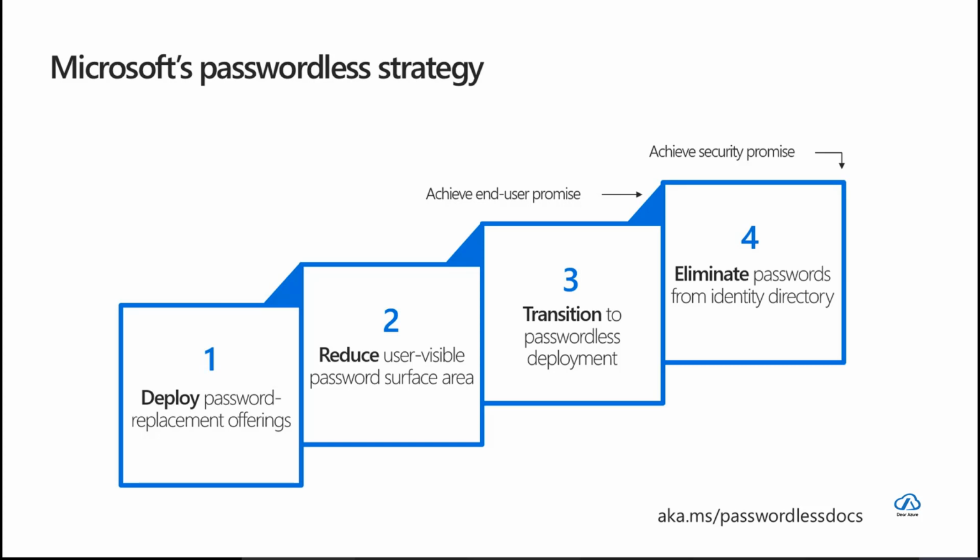Now what has happened in the first two phases is that some of the user visible password areas are replaced. Now in the third phase, the user password surface has been eliminated. The next phase for the organization is to transition into a passwordless deployment and move to a world where a user never types a password, never changes their password. In fact, the user does not even know what their password is. This is the state which we are trying to achieve in phase 3.